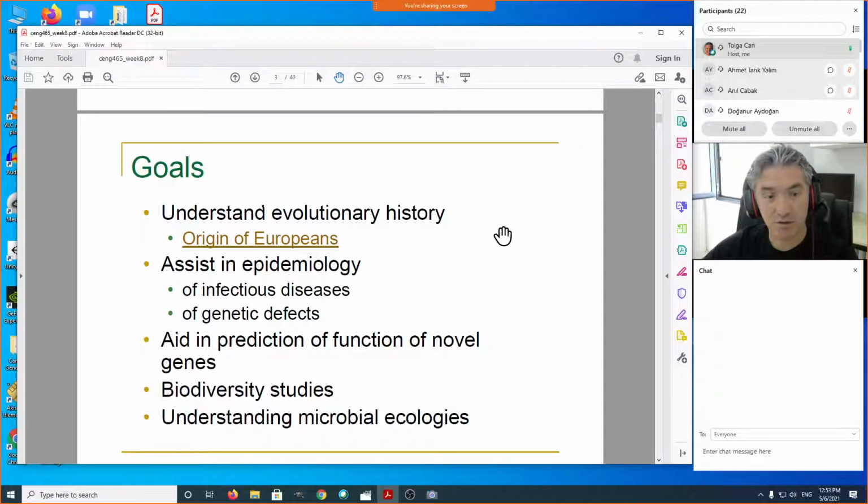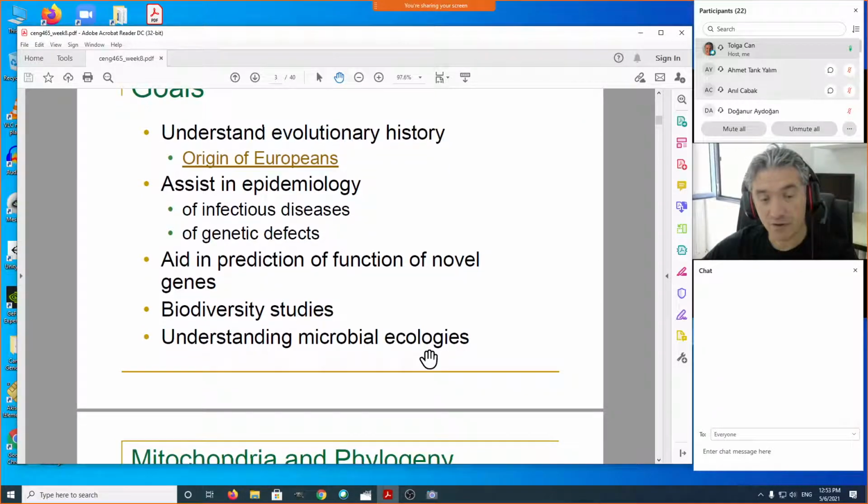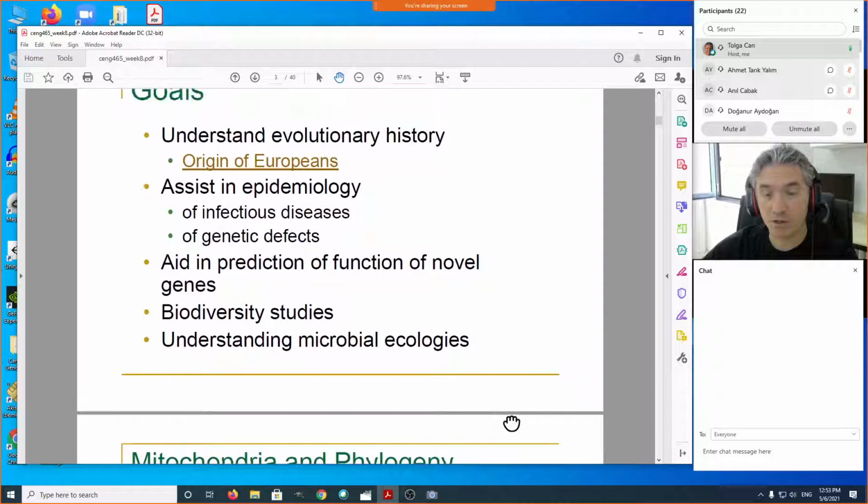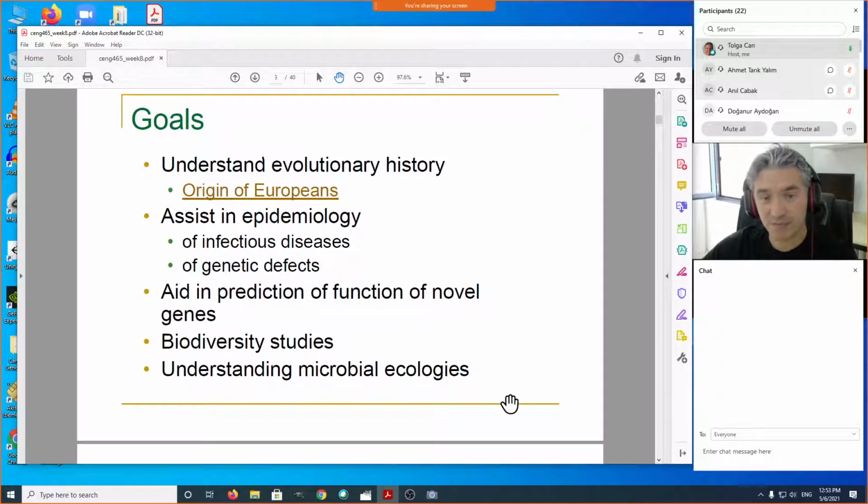So phylogenetic analysis assists a lot in the epidemiology of infectious diseases like COVID, or genetic defects, and how they spread in a certain region. It may also aid in predicting the function of novel genes. You may use it in biodiversity studies and understanding microbial ecology. So it has many uses.